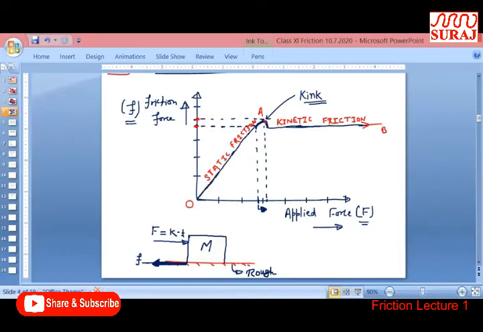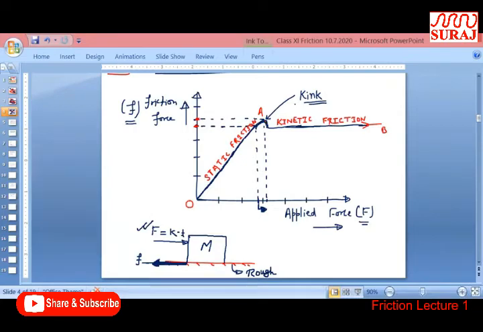Practically, it has been seen that the friction force increases in the same proportion as the applied force. Now there comes a situation when the block is about to move, and beyond this value, when we increase the applied force, the block will start moving.